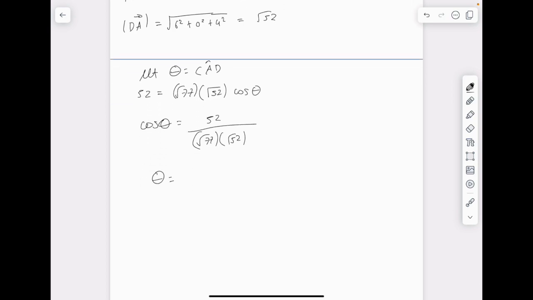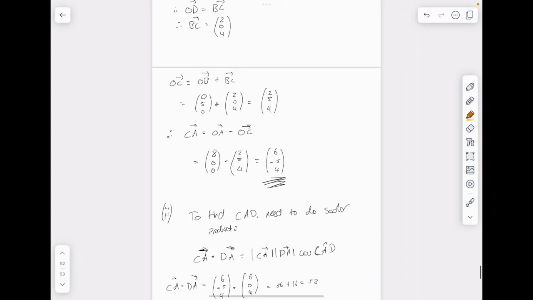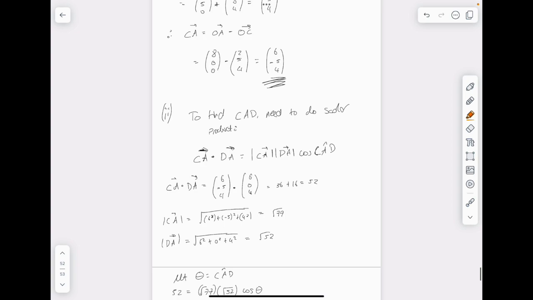So therefore, what can I say? I can say then from here that theta, if I type into my calculator now, theta is going to equal 34.7 degrees. Okay, that will be it, as required.